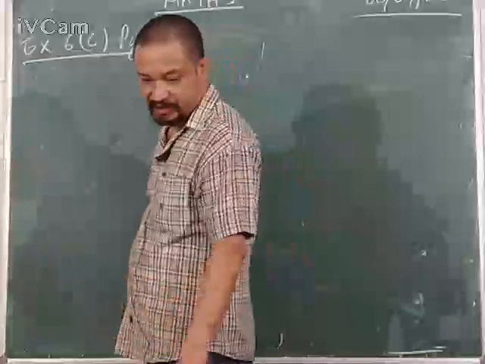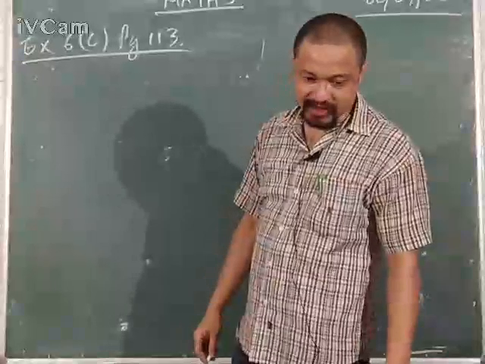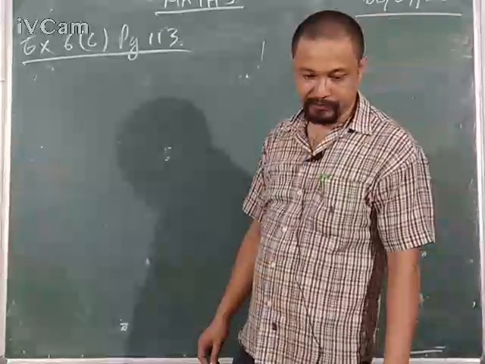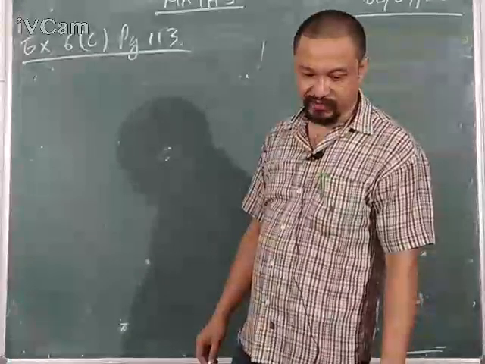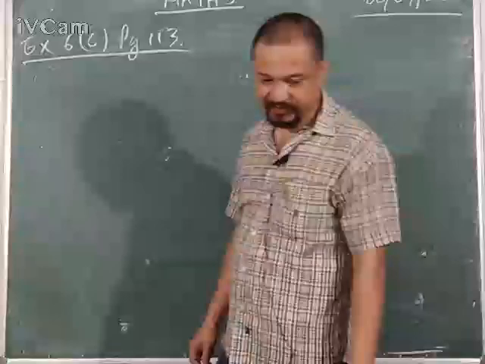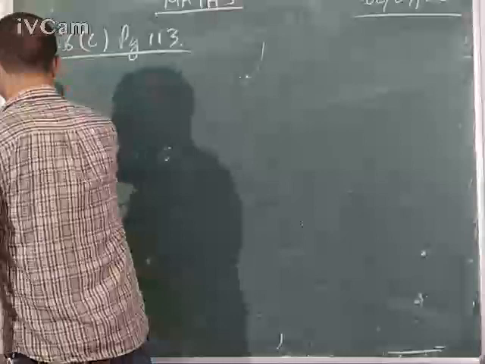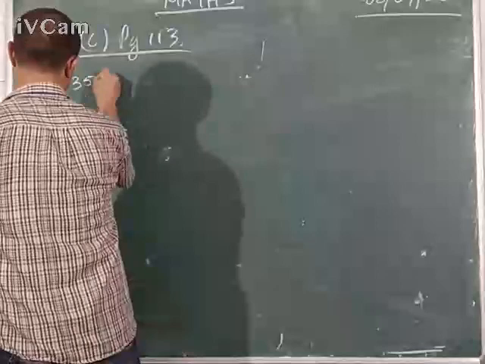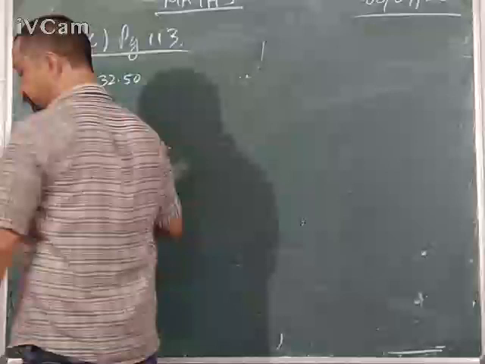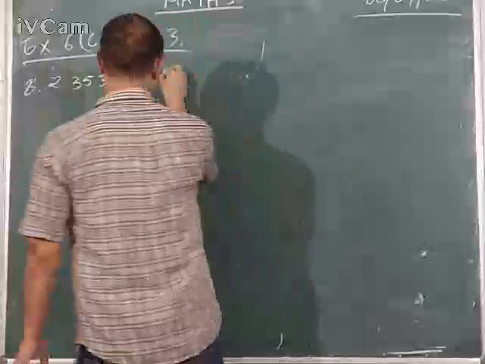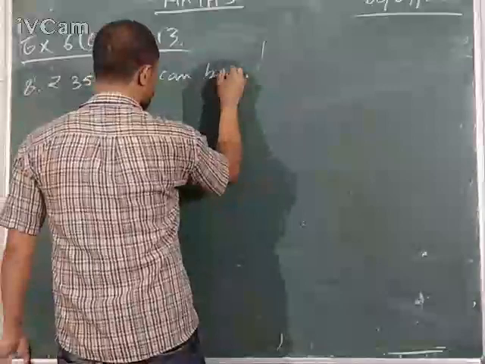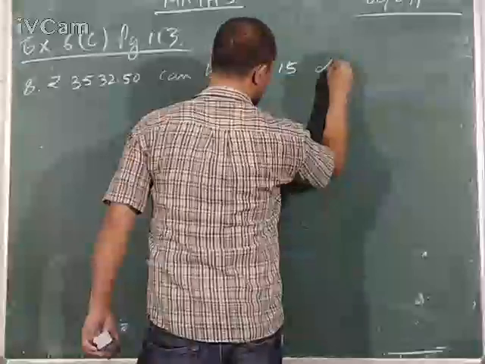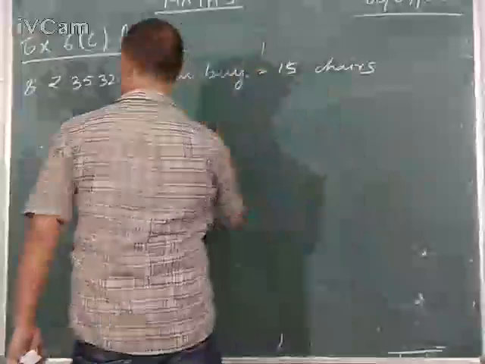Now, number 8. Number 8 says, 15 chairs can be bought for rupees 3532.50. How many chairs can be bought for rupees 5416.50? So, the statement again: rupees 3532.50 can buy 15 chairs.